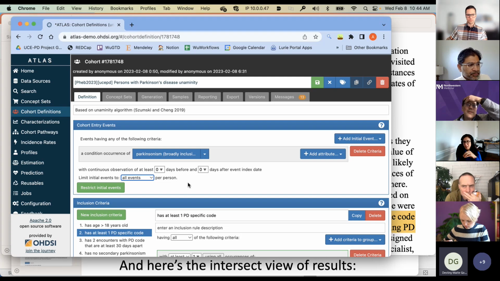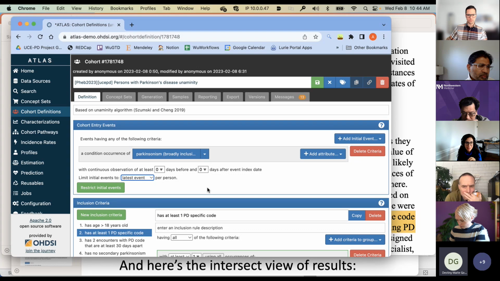Whenever you do chart reviews, you are technically sitting on that last moment and going back in the record. But that index date decides the time that the person is going to be flagged in the data as having Parkinson's disease. So decide when you want that date to be.